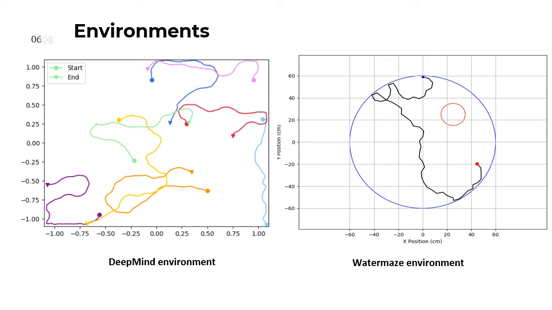We generated a series of trajectories within the water maze environment and retrained the LSTM on the new training set. Thereafter, we use a trained LSTM network to perform the navigation task in the water maze.